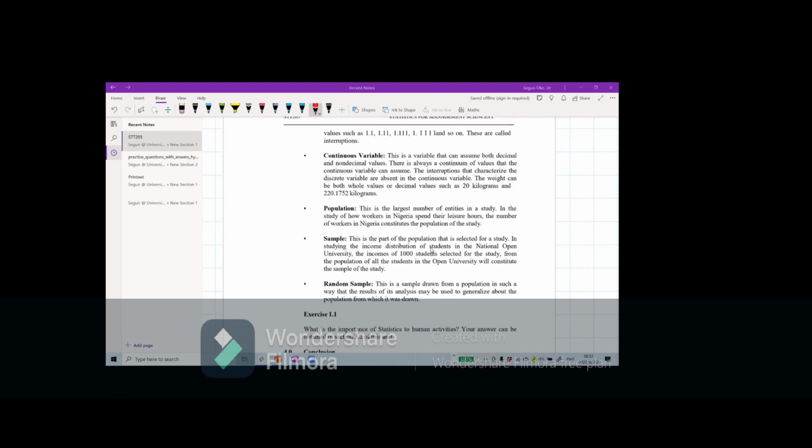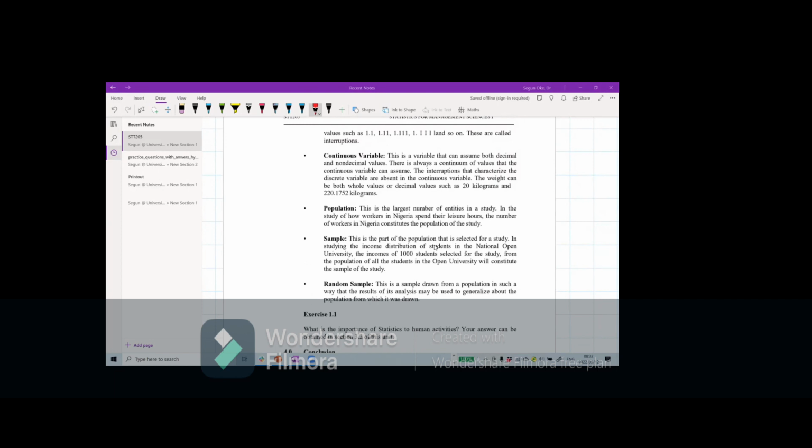Now, when we're talking about sample, it's part of the population that is selected for a study. Now, I want to collect data from the National Assembly. The whole National Assembly, I can take as my general population. Why? Because the National Assembly represents the whole entire nation.